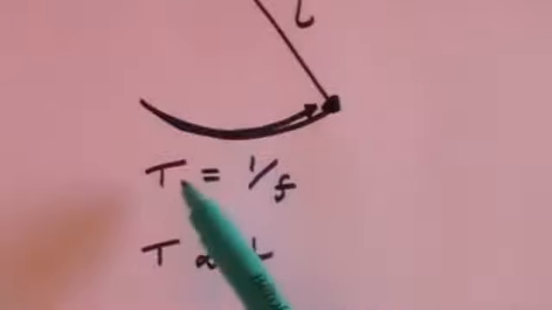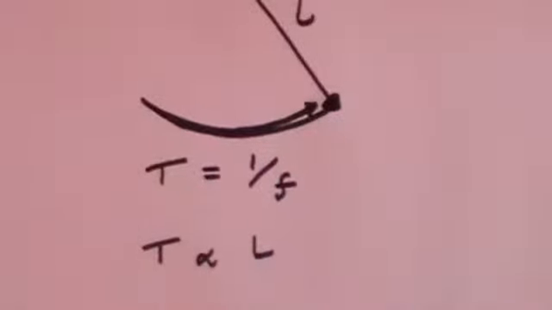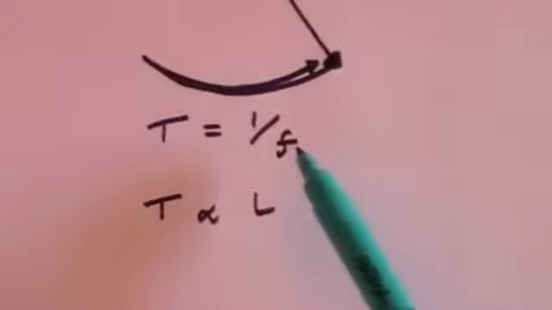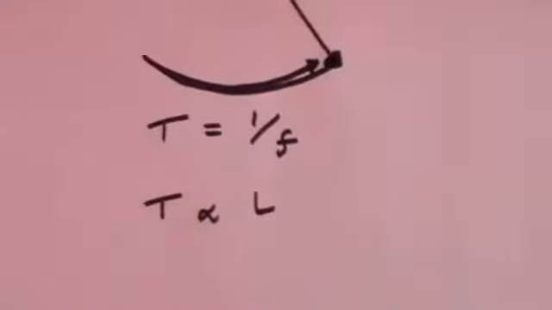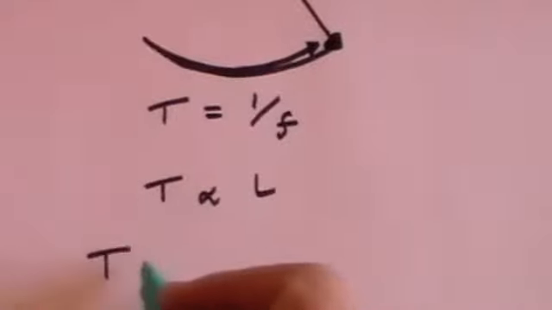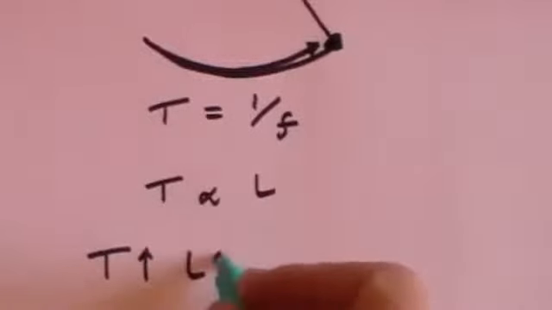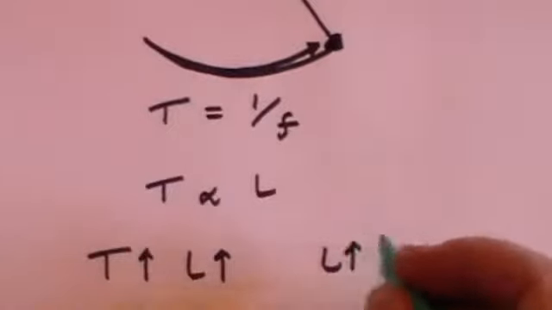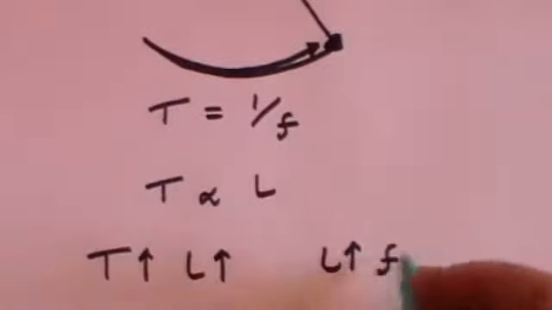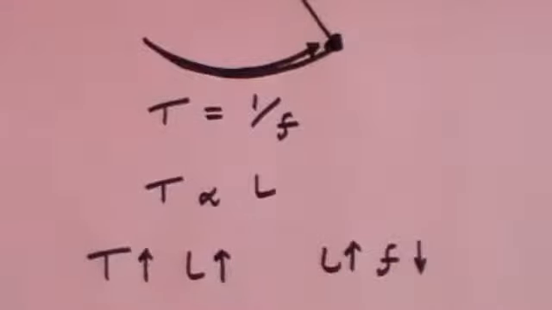And obviously if T increases with length, then frequency will decrease with length because T is equal to 1 over F. As T increases, F must decrease. So if T goes up with length, as length goes up, so does T. It is also true that if length goes up, frequency goes down. So the frequency is lower as length increases, but the time period increases as length increases.